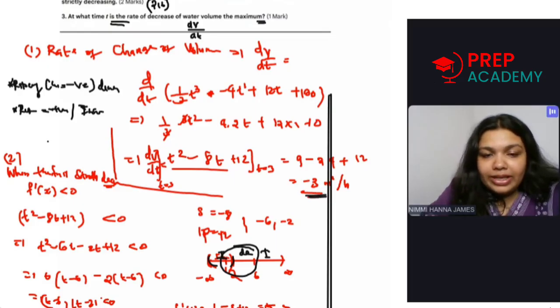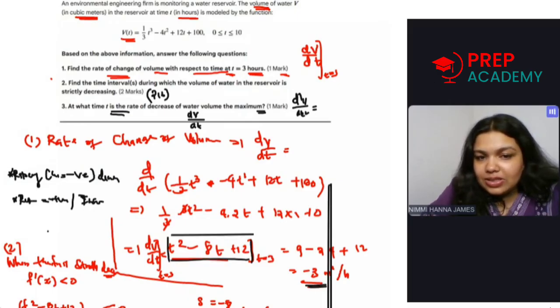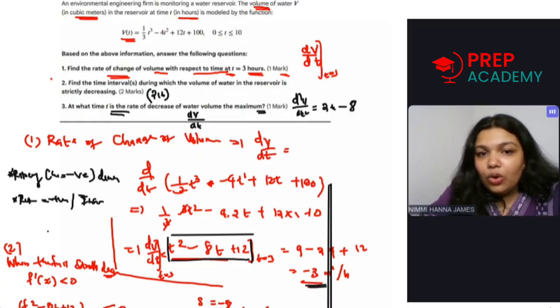For that, how do we do the second derivative test? I'm taking the second derivative. So d square v by dt square: what was our first derivative? It was this t square, so the differential is 2t minus 8. So the second derivative is 2t minus 8.